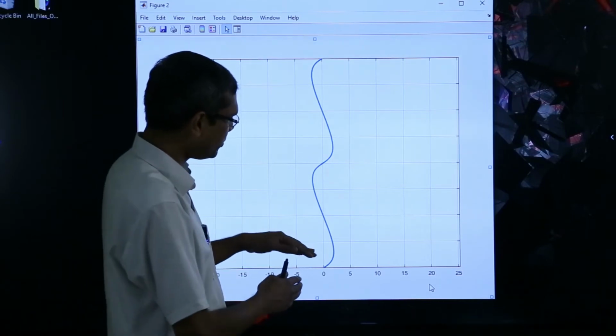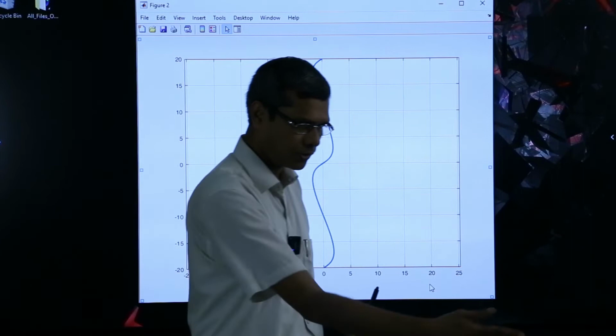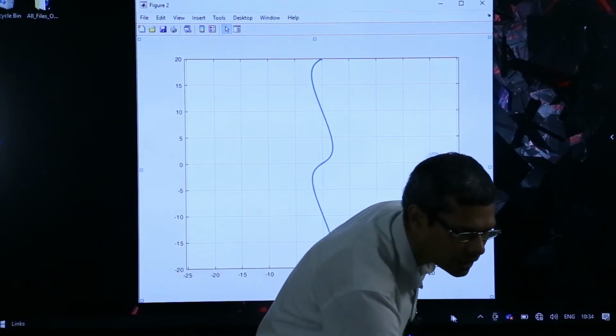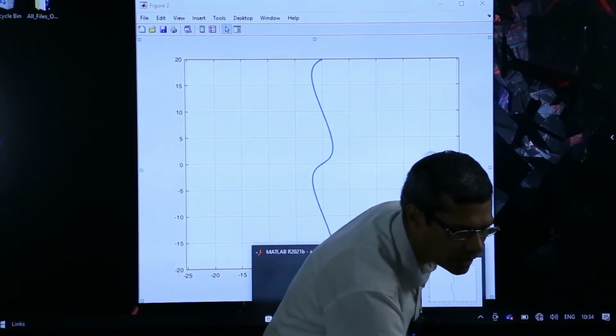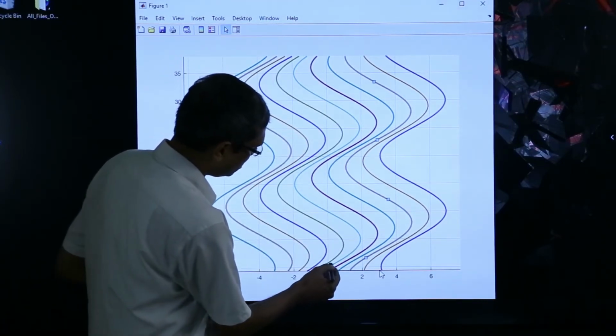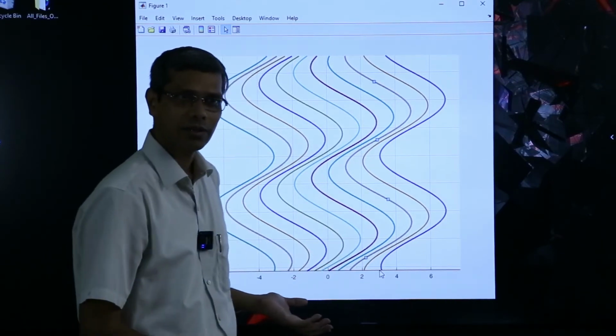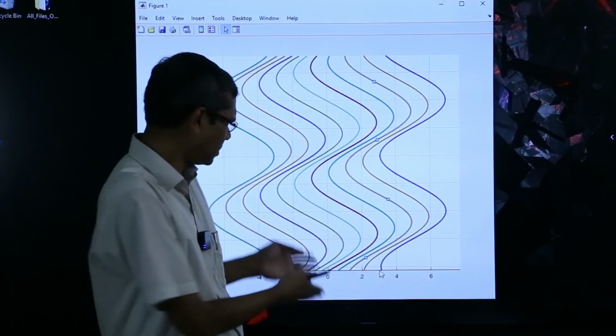Now see the difference between this and the actual sine. If you remember the other curve which we had just plotted, the Lagrangian displacement is completely sine. You see this green one, it's sinusoidal.